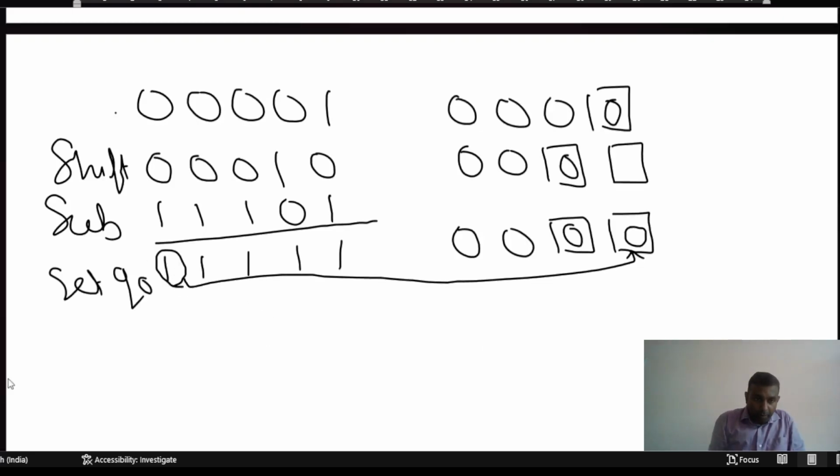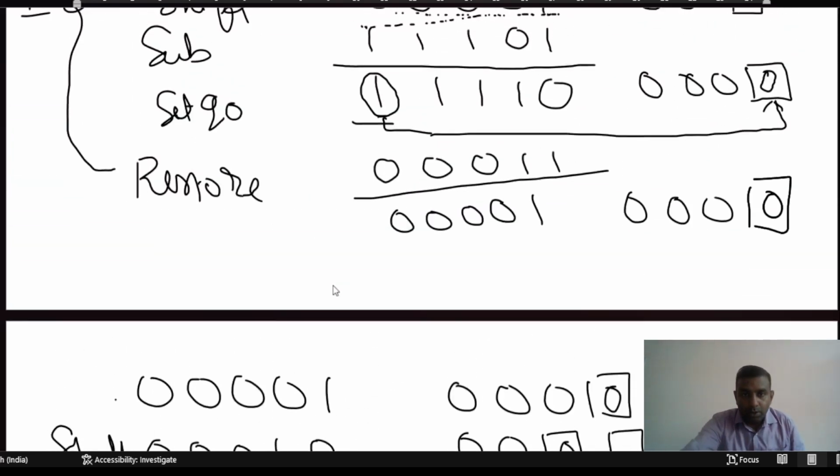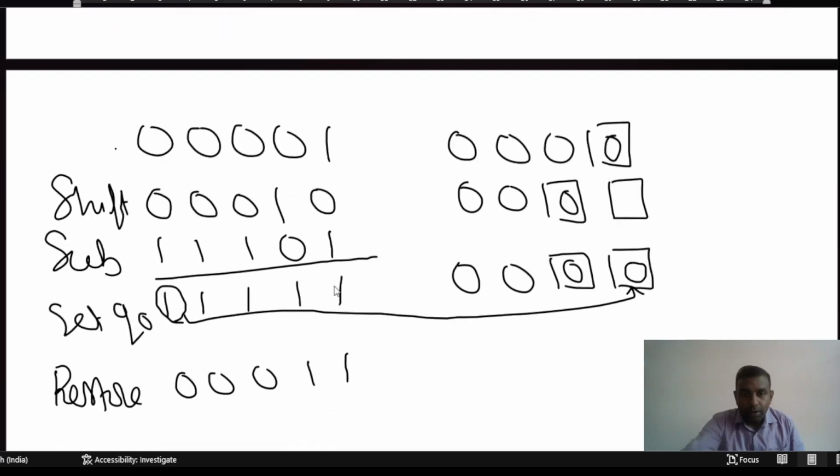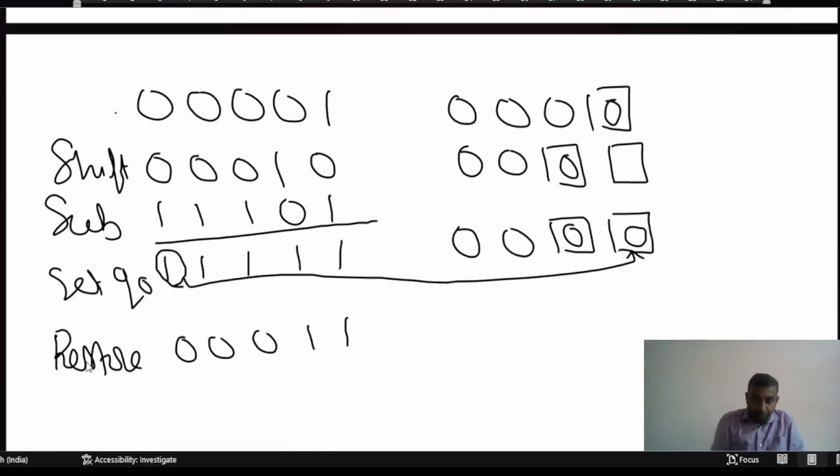So we need to perform restore again. 0 0 0 1 1. So perform restore operation, what we get? We get 0 0 0 1 0.